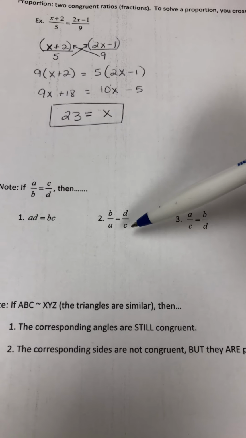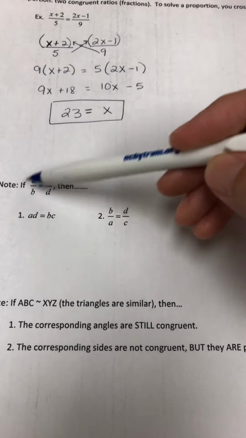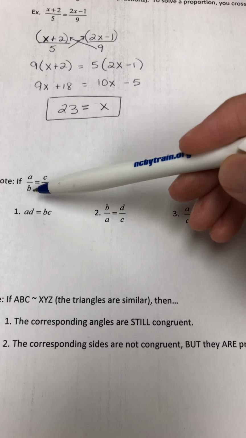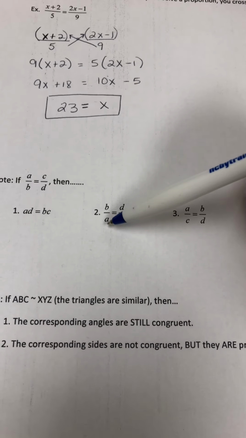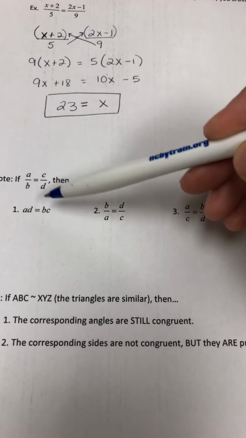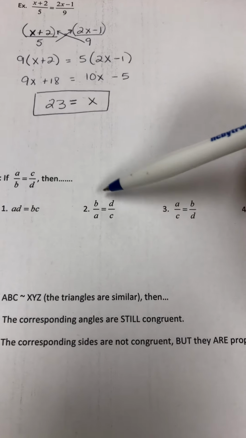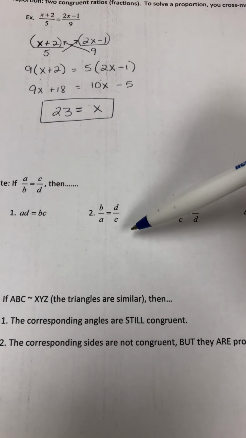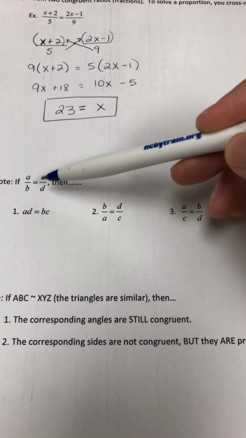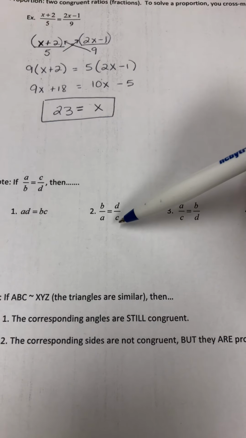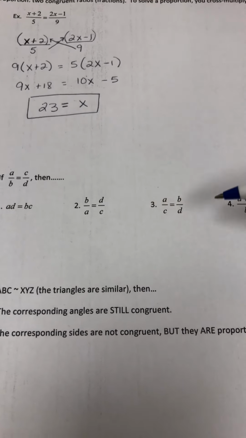The key here again is being consistent. If you flip the first fraction and change it from A over B to B over A, then you must flip that second fraction from C over D to D over C. That is a property that works every single time. If you've got a proportion, you can take the reciprocals and it is still a true proportion.